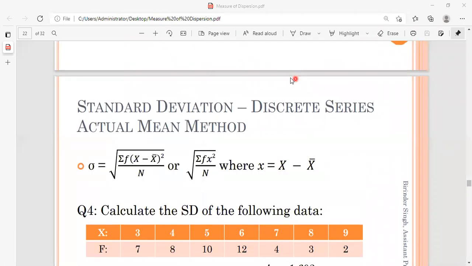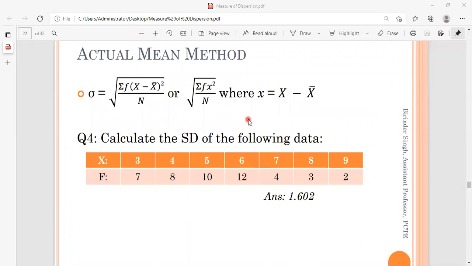The formula for the computation of standard deviation in the case of the discrete series is a little different. The only difference is the inclusion of the frequency f everywhere to compute sigma fx and sigma fx square. I mean, here we have the frequency and we have to account for this in the computation of the sum of the data points and the sum of the squared data points.